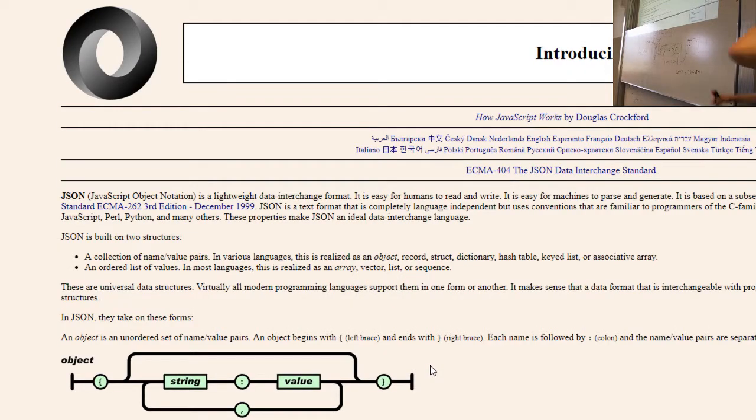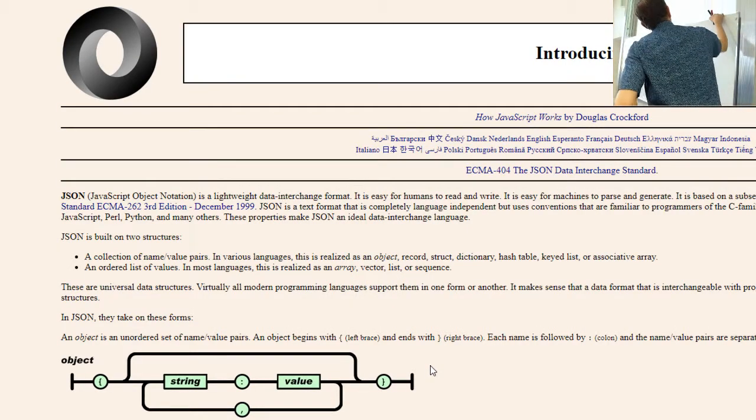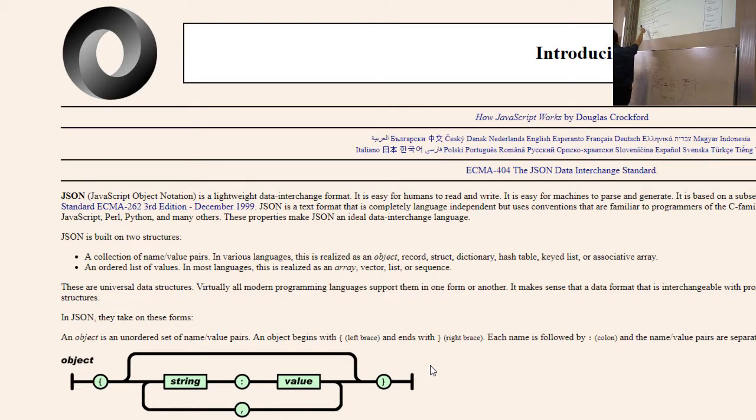And what is JSON? Well, basically, you just have the parenthesis, then string, colon, value. If you have more than one value, then you add a comma, string, colon, value, and so on. And all in ASCII.